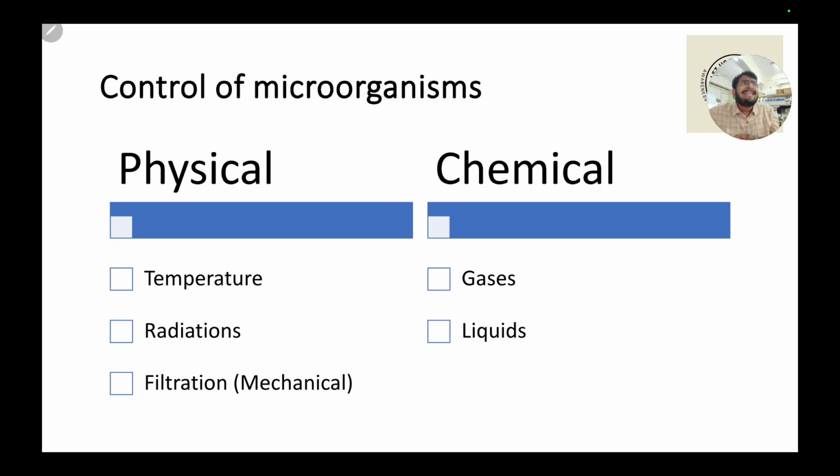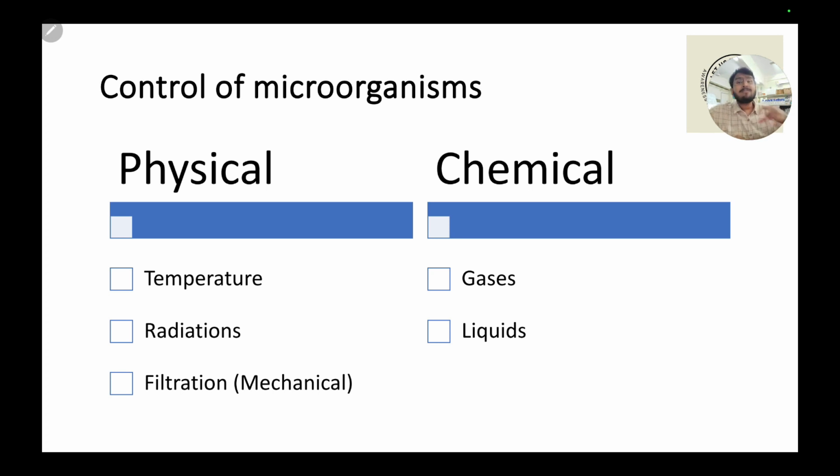You cannot use any agent to control an infection in a human. Maybe you can use an agent to mop the floor to kill the microorganisms that are on the floor. But you can't use the same agent on humans because probably that agent is toxic for humans too.